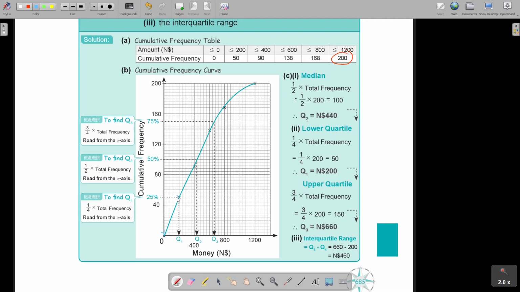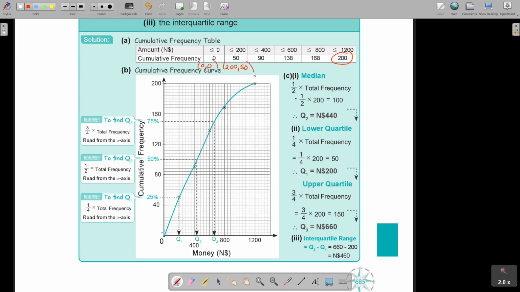So just make sure that you don't get confused between these two. In this case, it's the amount, the money. You see, that's your x value. So the coordinate is 0, 0. This coordinate is 200, 50. This one, and so on.